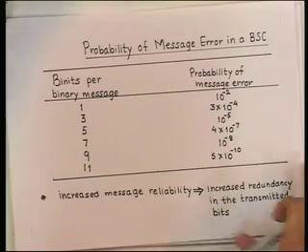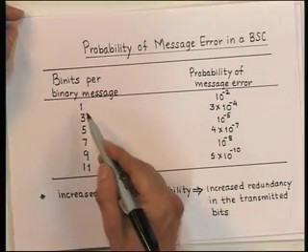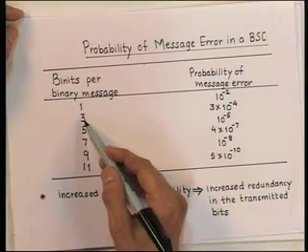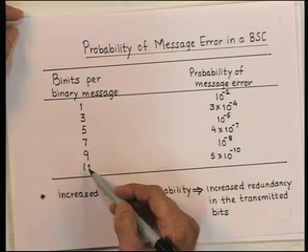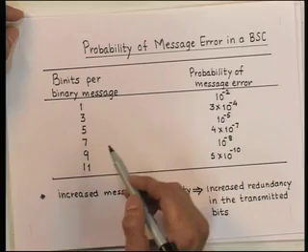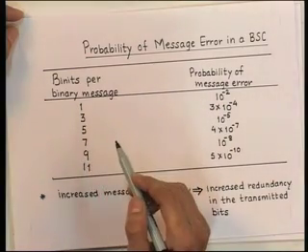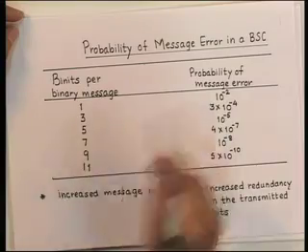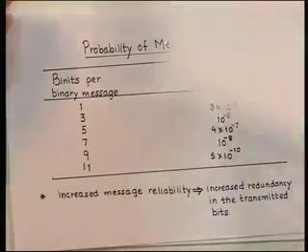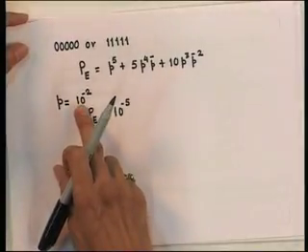In the table shown here, we give the probability of message error when 1, 3, 5, 7, 9, 11 Binets per message are used in a binary symmetric channel with single Binet probability of error of p equal to 10 raised to minus 2.